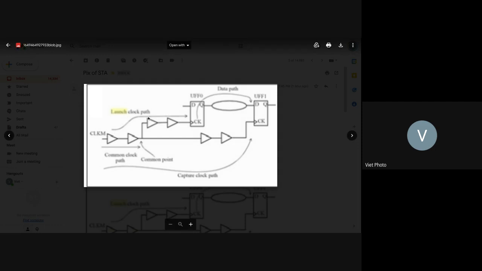The launch clock goes to the launch flop, and the capture clock will go to the capture flop, right? So you can see that here, you have the common point here, and when you have the clock path go from here to here and go from here to here, that will be the common point that uses the same logic.